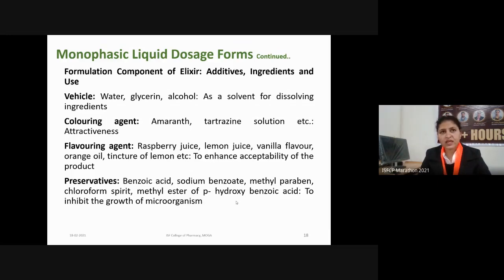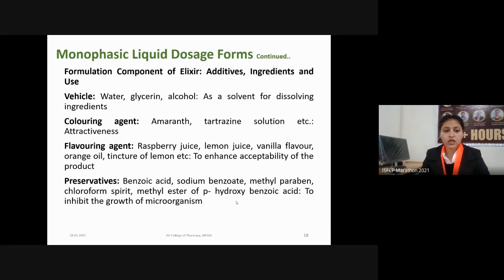These preservatives are used to inhibit microbial growth. But as we use alcohol in the elixirs, as I already told you, if the concentration of the alcohol is more than 20%, there is no need to add these preservatives in the elixirs, because in that case, alcohol itself acts as a preservative.